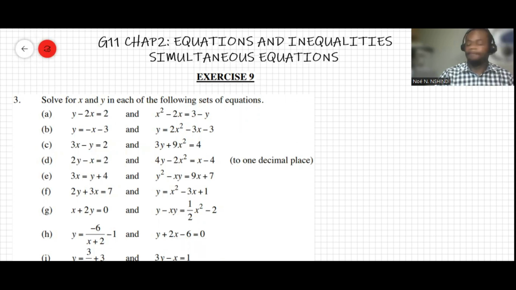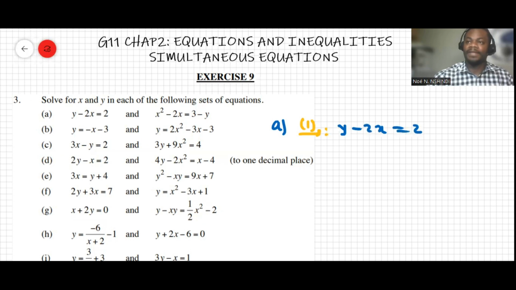Now let's start with A. See here A, for instance, equation 1, which is given by there. I can just move the negative 2x over. It will become y minus 2x is equal to 2.